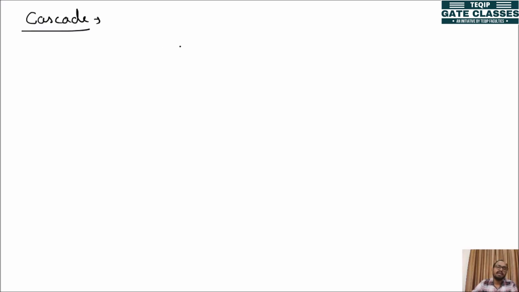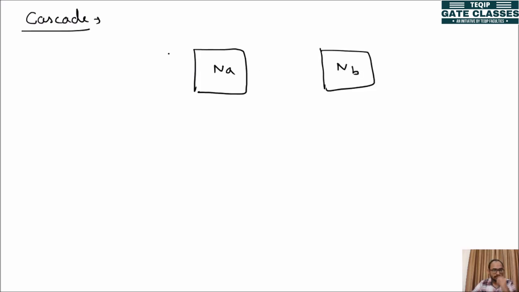cascade connection. In cascade connection, two networks are connected back to back. See how? Suppose there are two networks, network A and network B, like this. This is a two port network, make two ports like this. Now you can give the names V1A, I1A, I2A, V2A.